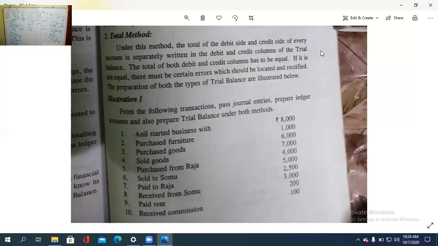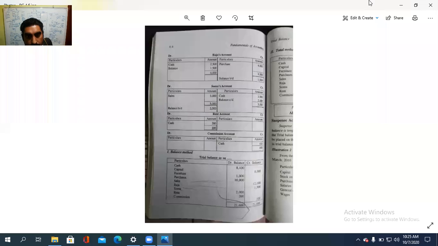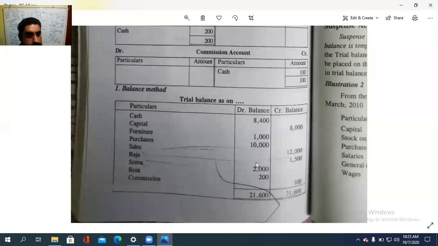Then look here. Then Raja and Somu. Okay. So Raja 1,500. Then Somu 2,000. So check it. 8,400.